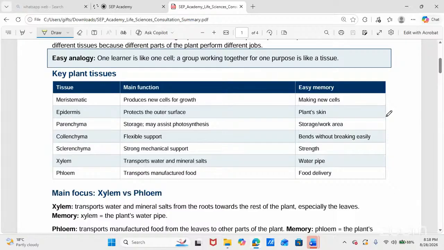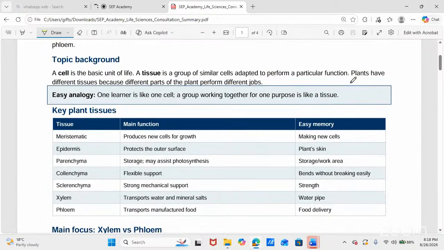And now we're going to move on to the epidermis, right? I need you guys to understand that we have animals and plants, and some of them do not have the same tissues. Plants have different tissues because different parts of the plant perform different jobs.